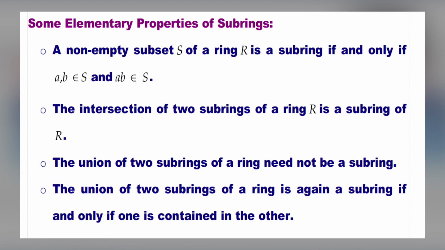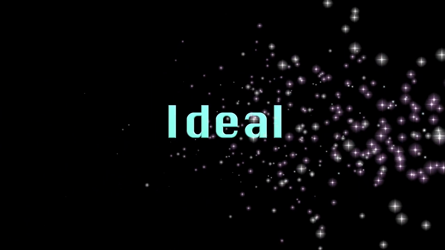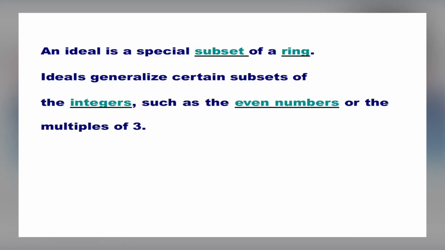Let us discuss another concept, ideals. Let us start with an introduction to ideals. In ring theory, a branch of abstract algebra, an ideal is a special subset of a ring. Ideals generalize certain subsets of the integers, such as the even numbers or the multiples of 3.